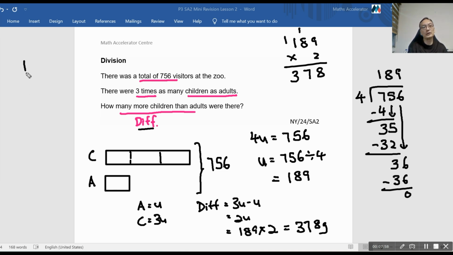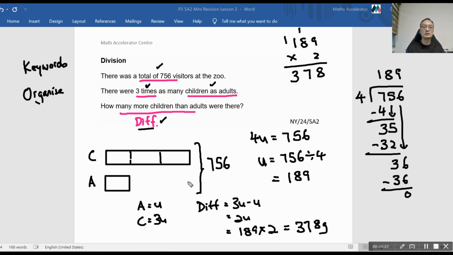Remember, first we highlight the keywords. So the total, the comparison between the adults and the children, and what are we looking for, the difference. Next, we organize the information in the form of a model. In this model, we know that the adults is 1 unit and the children is 3 units. In total, they add up to give you 756.